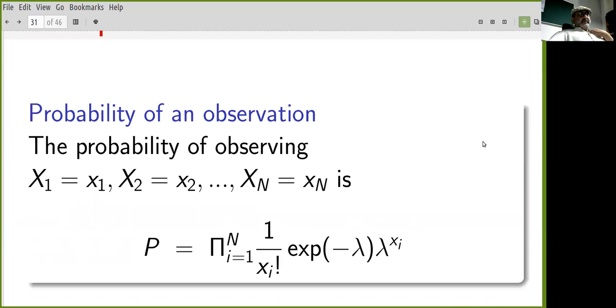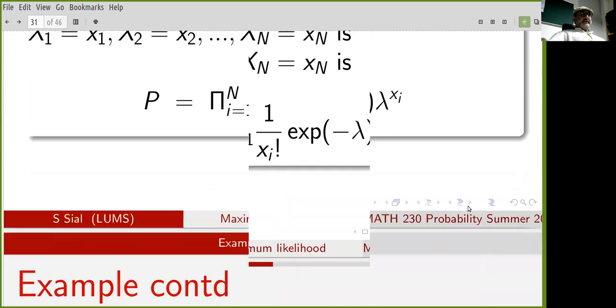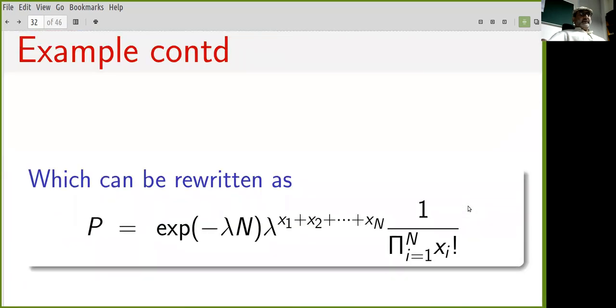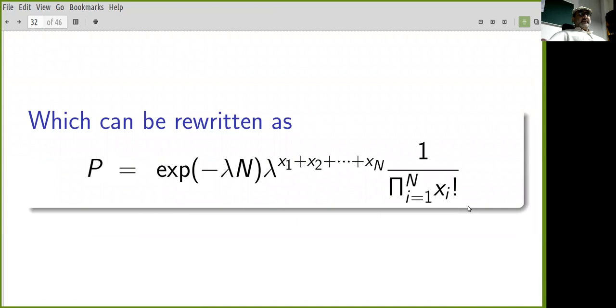And then the probability of observing all of these n results is the product of the probabilities of observing the original results, because they're independent. So we take the product of the probabilities.